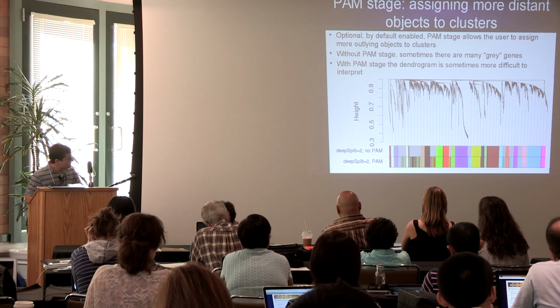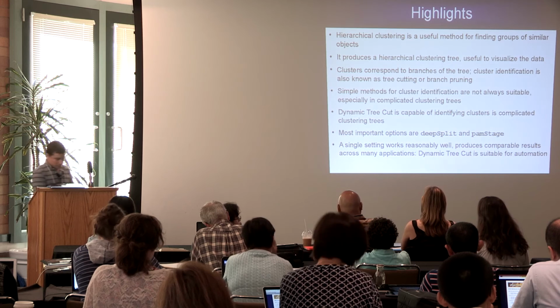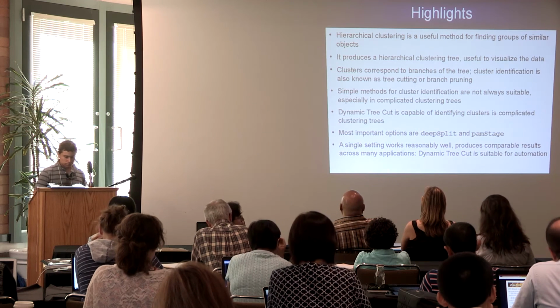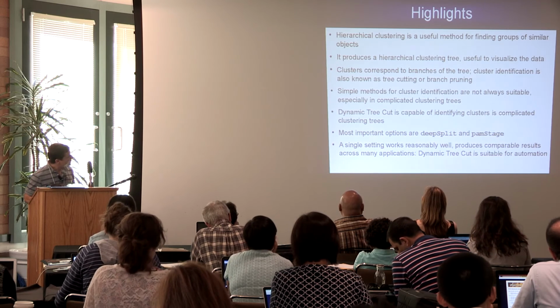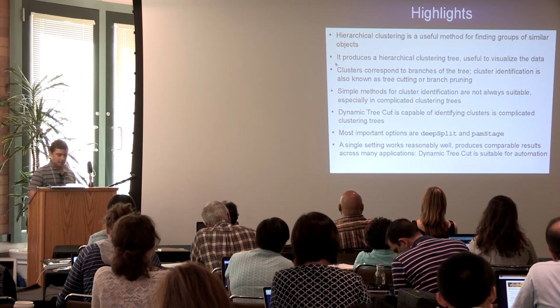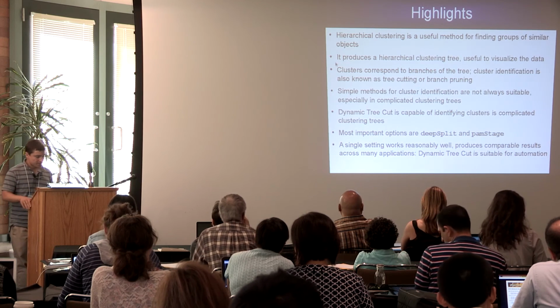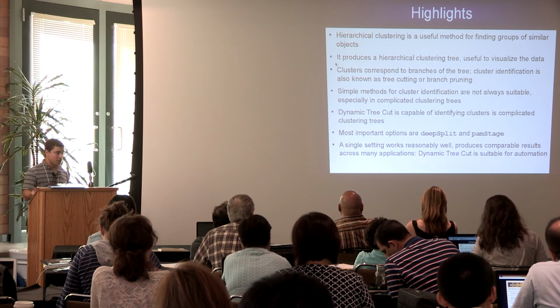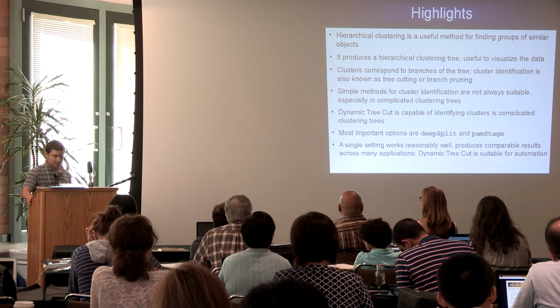Okay, so we're back to, we were here at PAM stage, and that's actually the last slide. So the take-home message that you should remember from this talk is that hierarchical clustering is a useful method for finding groups of similar objects, and it works well in high-throughput data and for exploratory analyses.